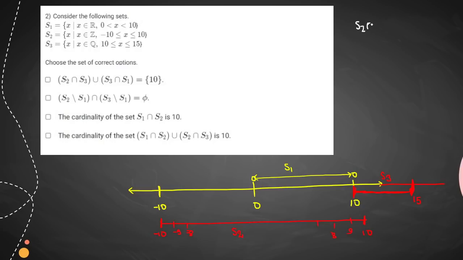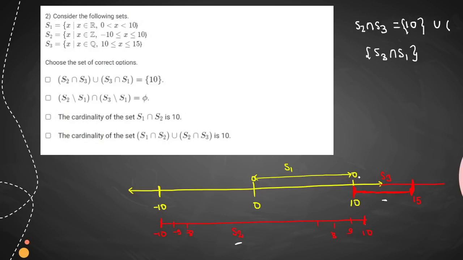So s2 intersection s3 is only 10, so it gives only 10. Then s2 intersection s3 union s3 intersection s1.